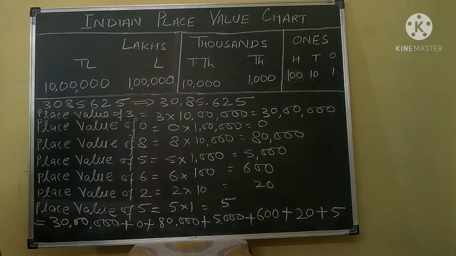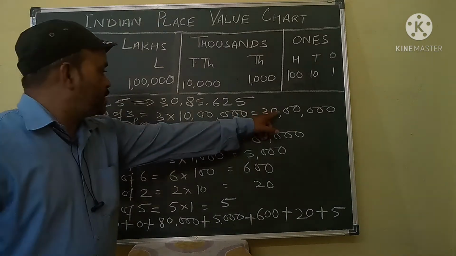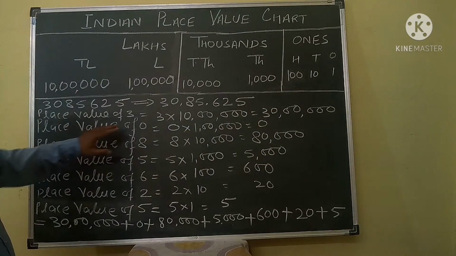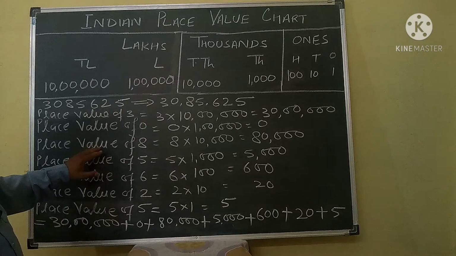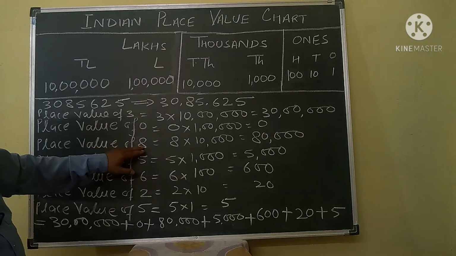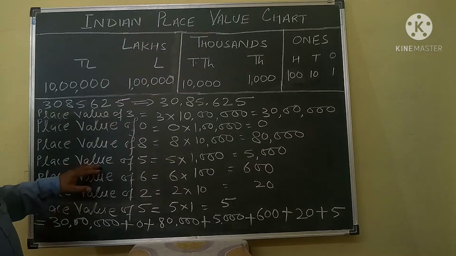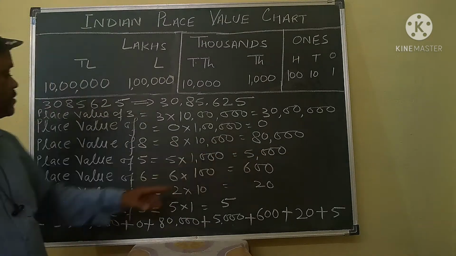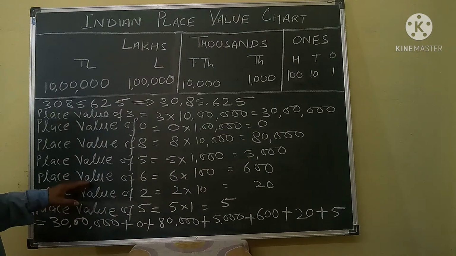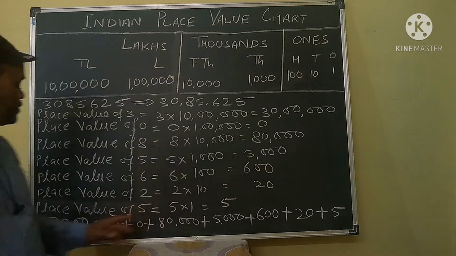So my dear student, the place value of 3 is 30 lakh. The place value of 0 is 0. The place value of 8 is 80,000. The place value of 5 is 5,000. The place value of 6 is 600.